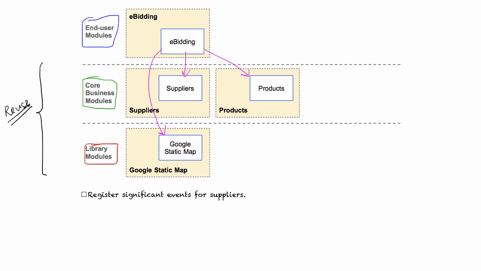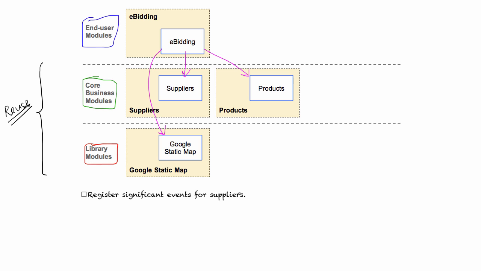We did use this in the e-bidding application to register that the supplier placed the bid for a product request. But we can use this functionality for any other application that needs to register events for suppliers. For instance, if we have a contract management application, we might want to register that the new contract was signed. So this is reusable functionality.